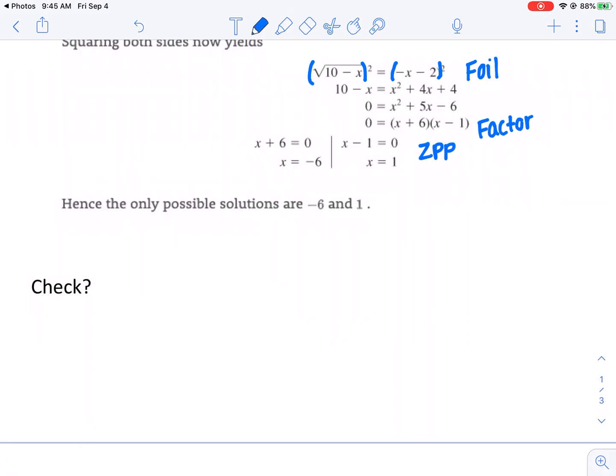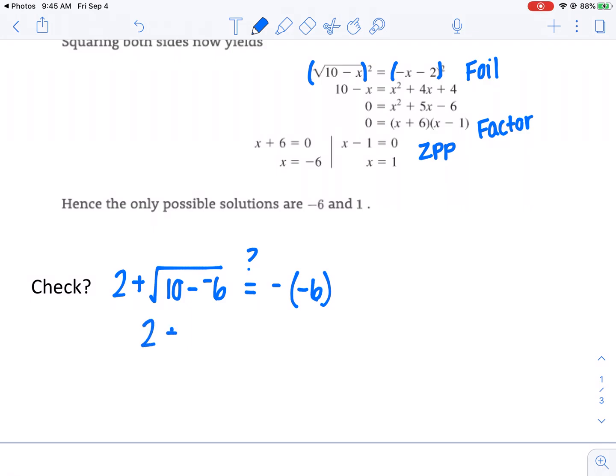You're going to take the answers of -6 and 1 and plug into the original equation. So originally it was 2 plus square root 10 minus x. Well, x in this first case is -6, so notice how I wrote that, equals -6. I want to know if this is true.